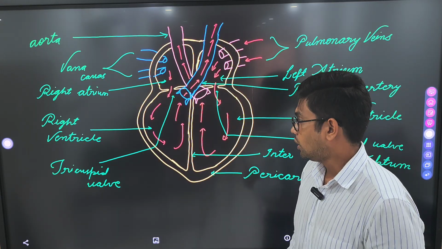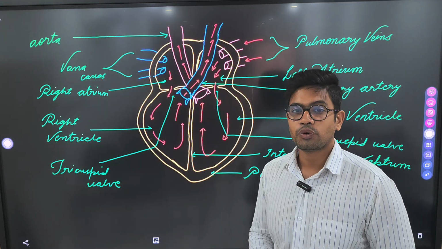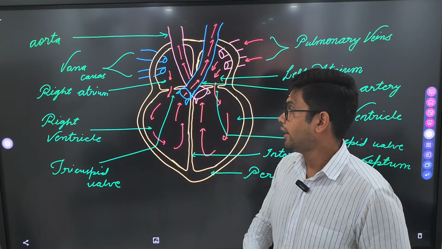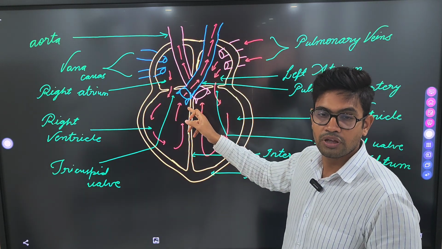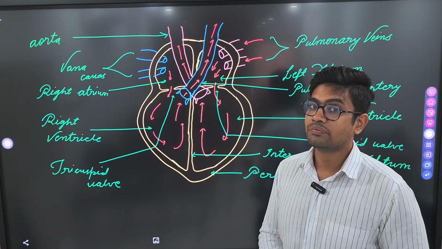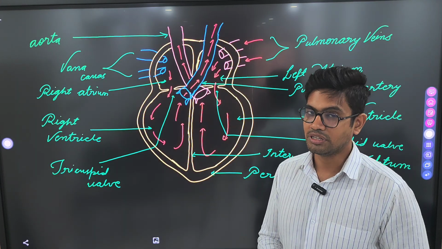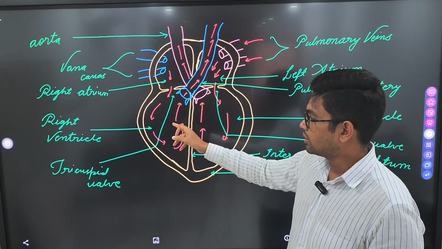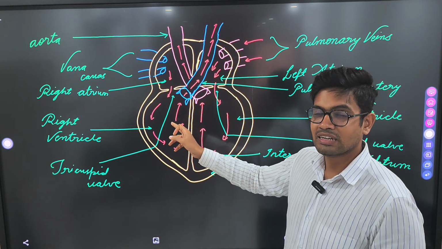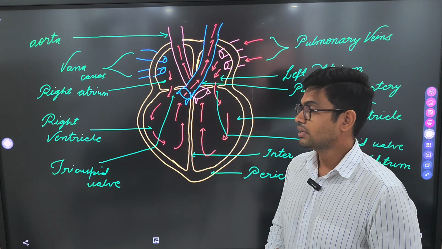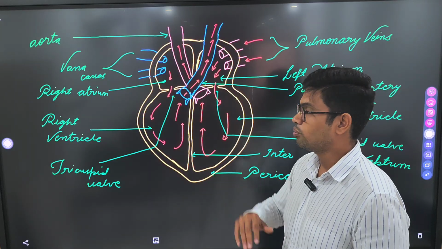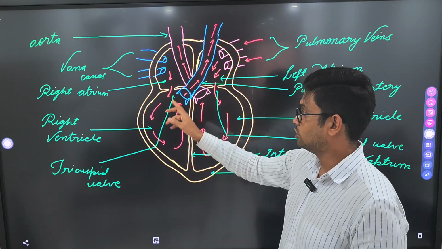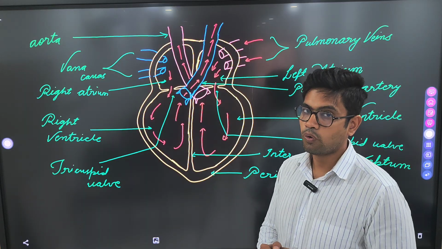Now, the action potential which was generated by the sinoatrial node is transferred to the atrioventricular node. When this happens, both the ventricles undergo contraction, meaning there is ventricular systole, and whatever deoxygenated blood is there in the right ventricle tries to flow back, but this attempted backflow is prevented by the closure of the tricuspid valve.